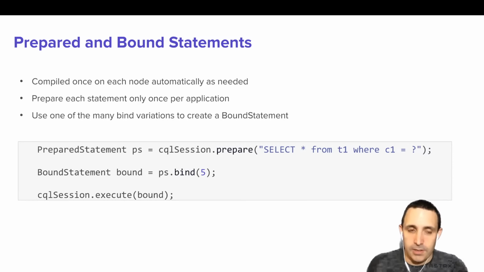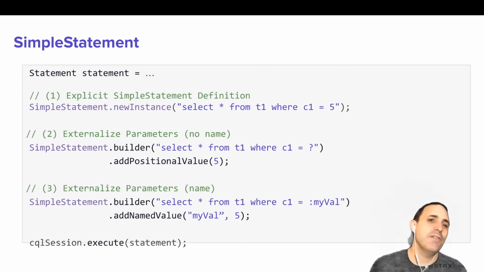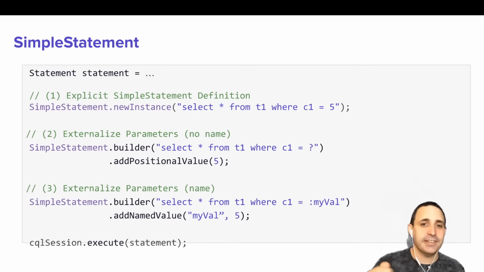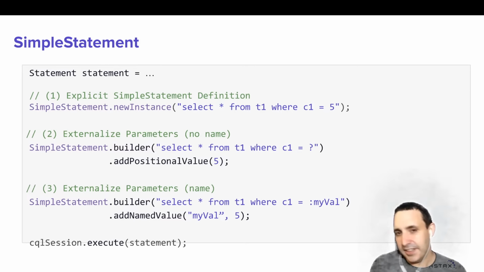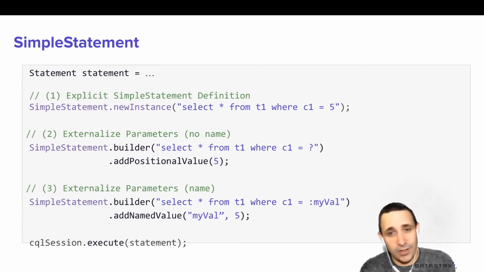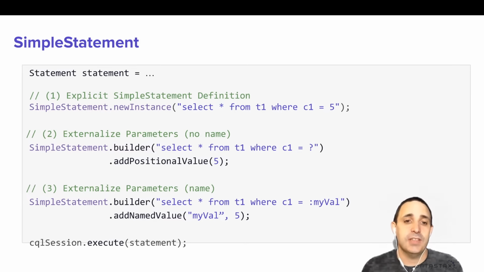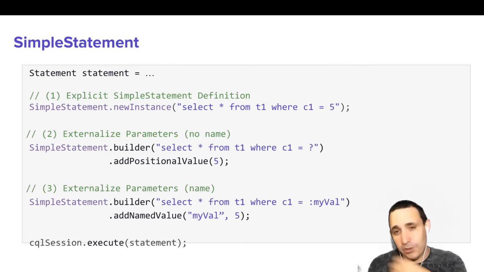Okay, but simple statement is not the best because each time you execute a simple statement, Cassandra needs to validate the syntax of the query, validating that the table is okay, validating that the column exists, that the column has the proper type, that the type of the parameter you provided matches the type, and so forth and so on.